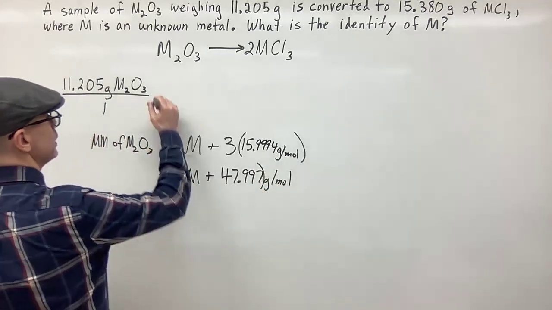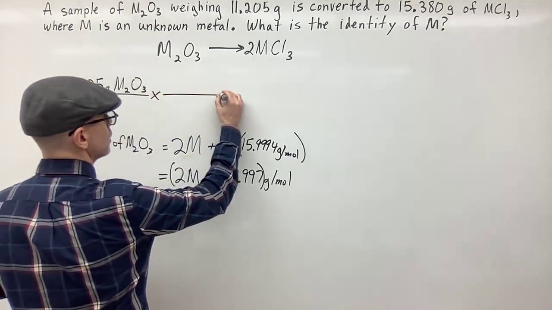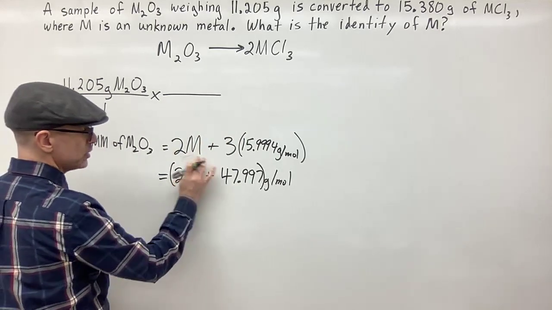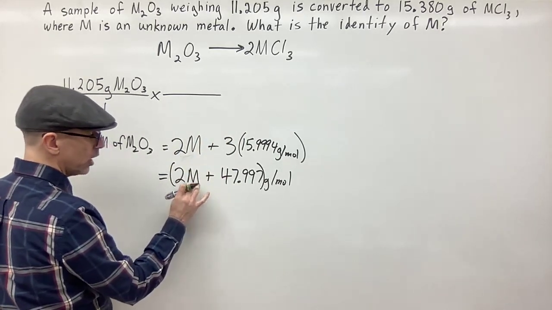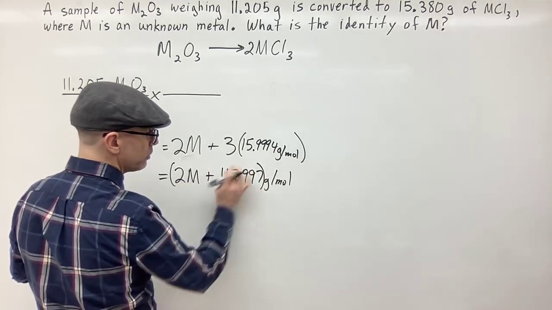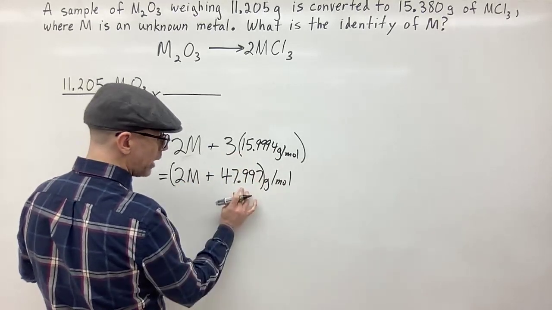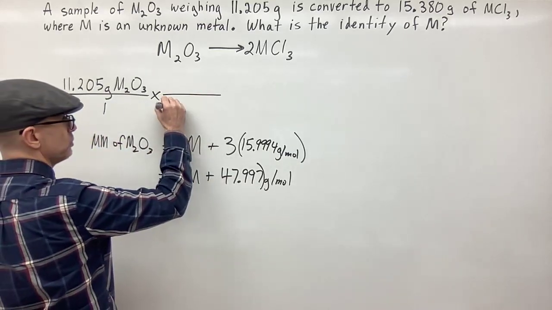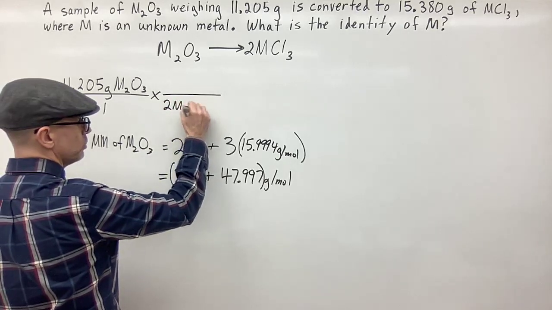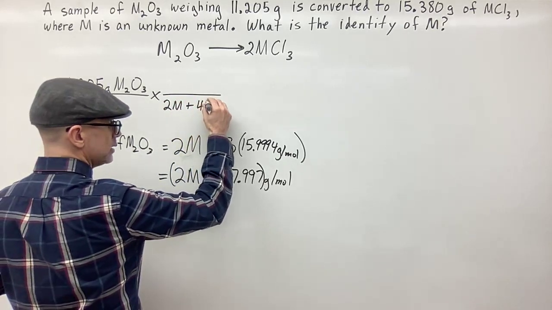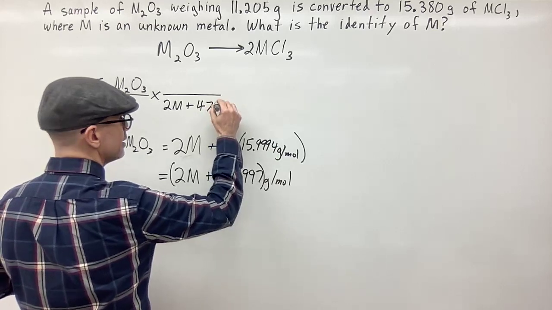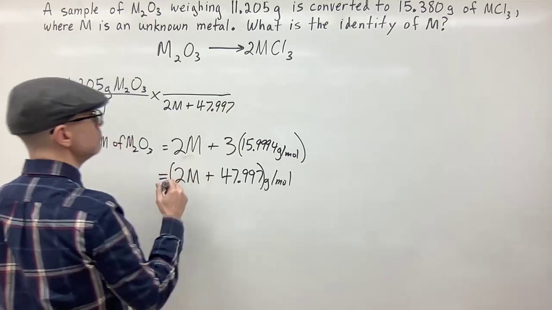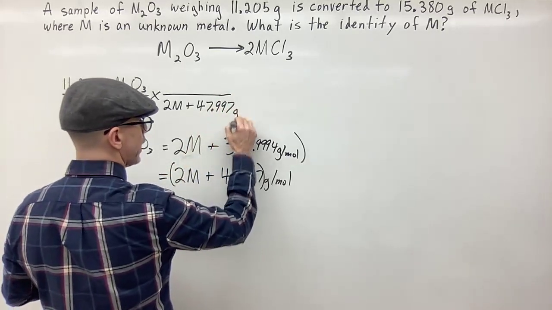So now when I set up my conversion factor, the grams goes on the bottom. How many grams? It's going to be 2 times the grams per mole of M plus 47.997 grams per mole of the oxygen. So that's going to go on the bottom: 2M plus 47.997 grams.